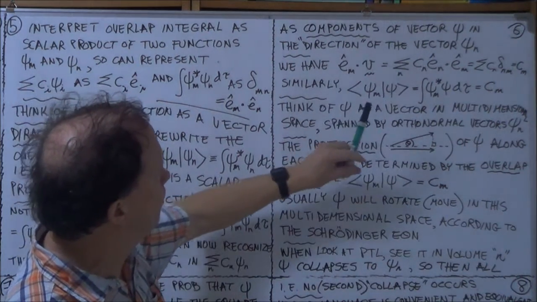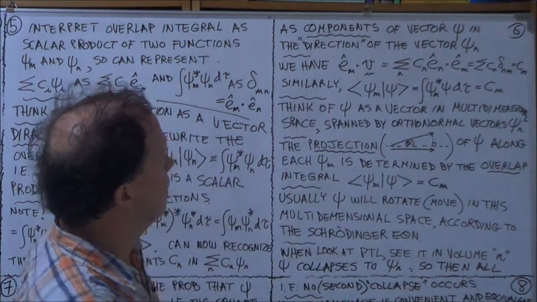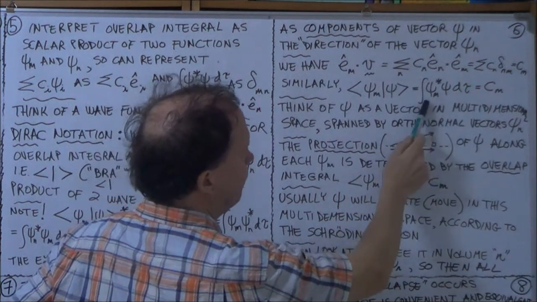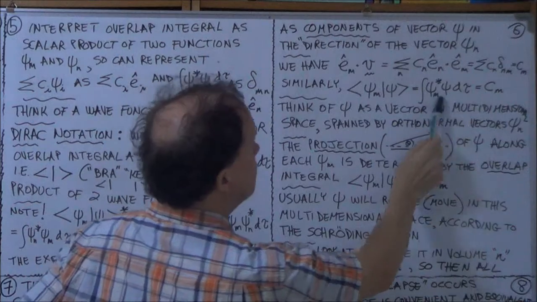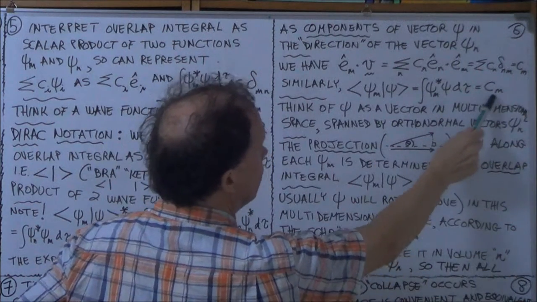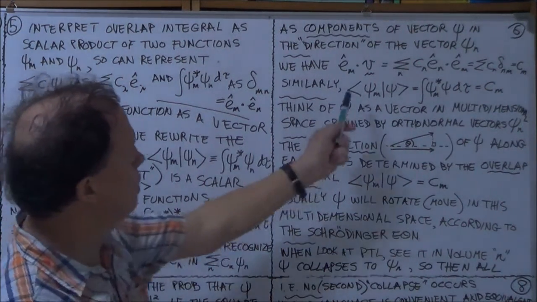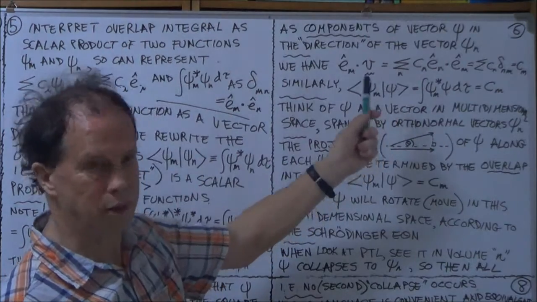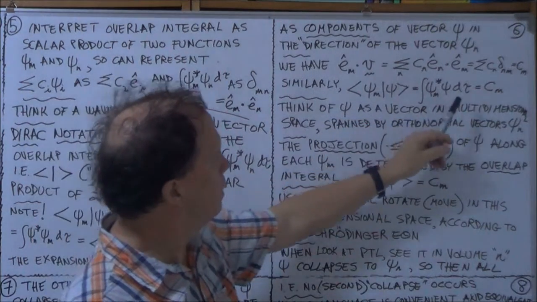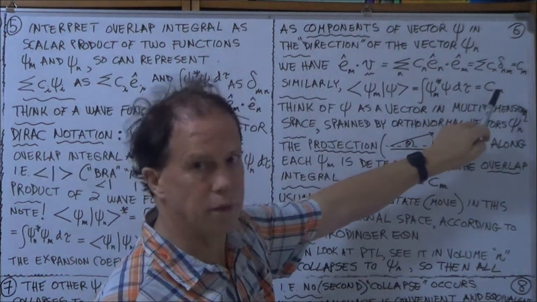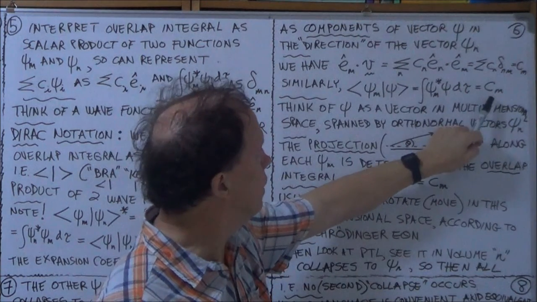So this overlap integral gives you this, and the result of that is just c_n, the coefficient. It's one of these c's here. So using the bracket language, you can quickly find the coefficient, the component if you like, of psi m.